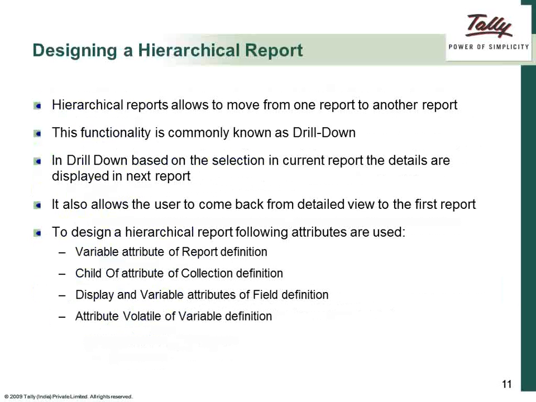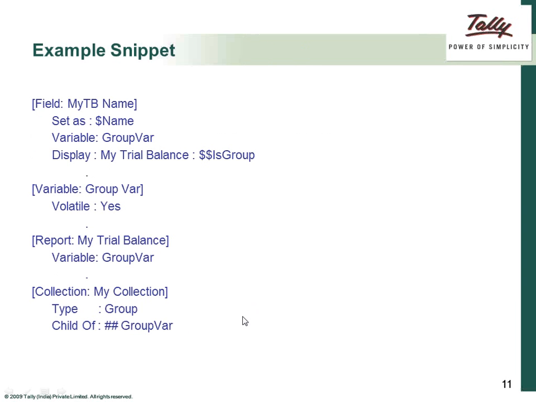Yeah. This is the drill down report which talks about it. So how do I design it? I need a variable attribute of report definition, a child of attribute at collection definition, a display and a variable attributes at field definition, and an attribute volatile at variable definition.